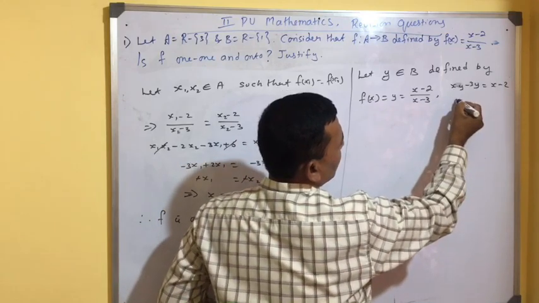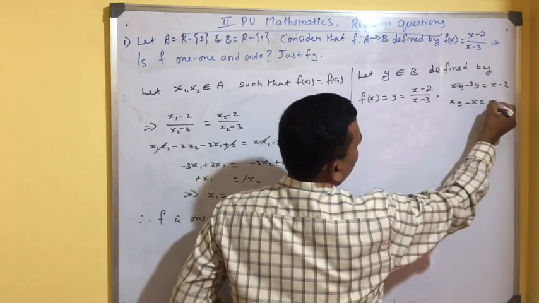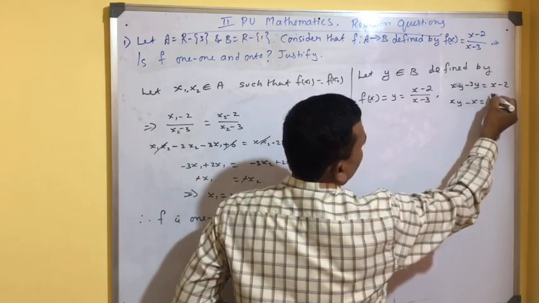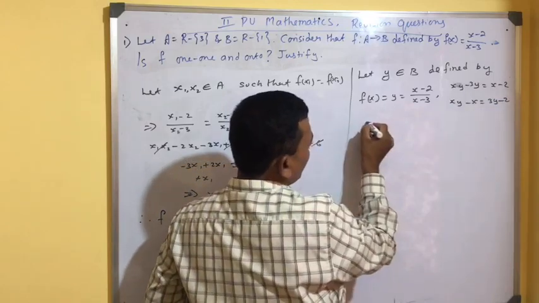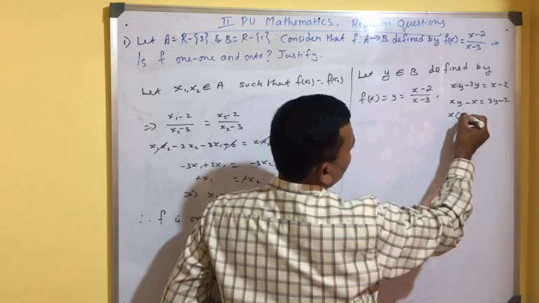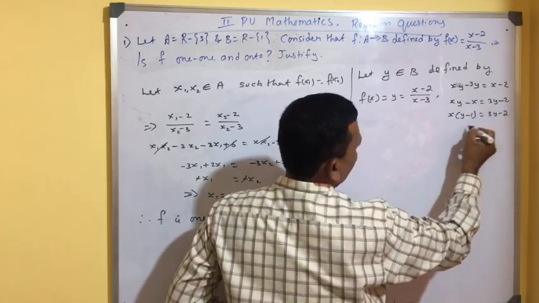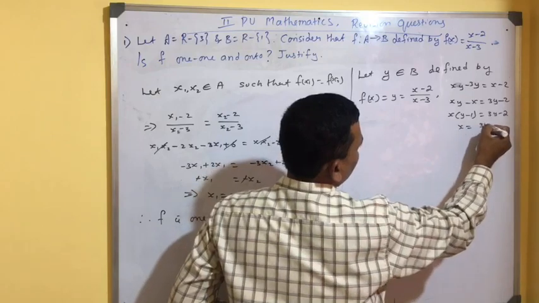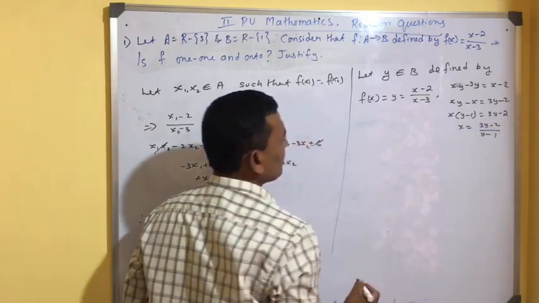Now if you simplify this one, xy minus x is equal to, here minus 3y goes to the right side, becomes 3y minus 2. Now if you take x common, it becomes x into y minus 1 is equal to 3y minus 2, or x is equal to 3y minus 2 divided by y minus 1.